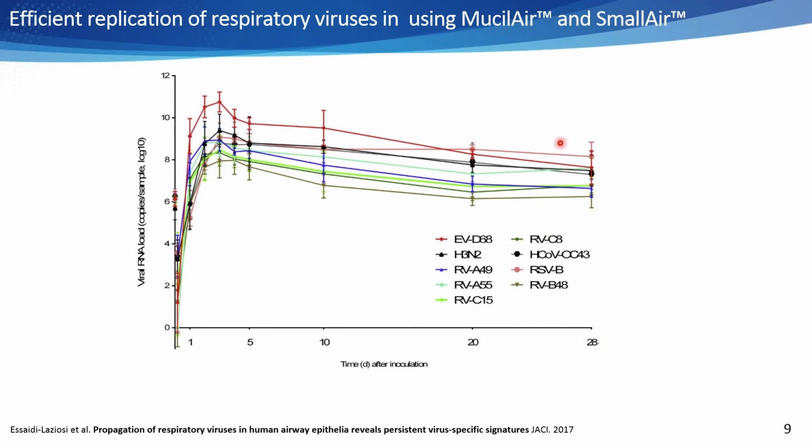This is an example for a 28-day study. So you could wash off the apical surface to collect the virus, and they could be used as a producer, an in vitro bioreactor, to produce this virus to better understand it.